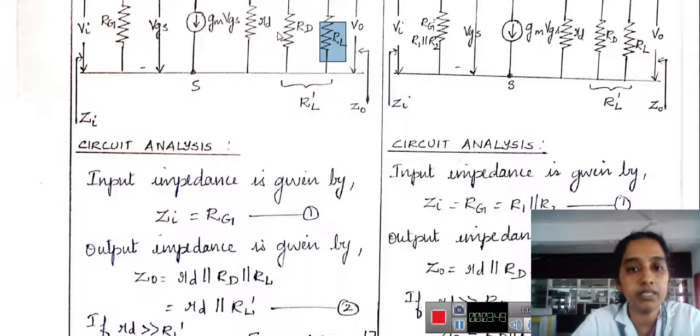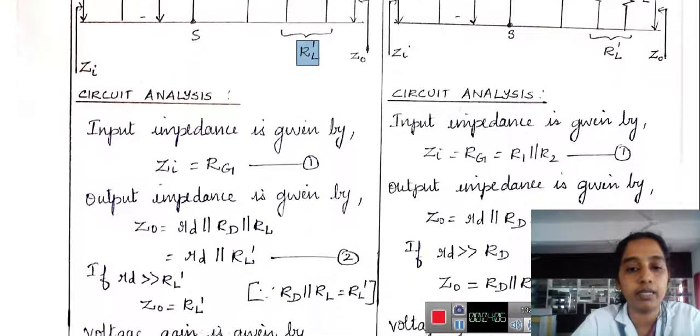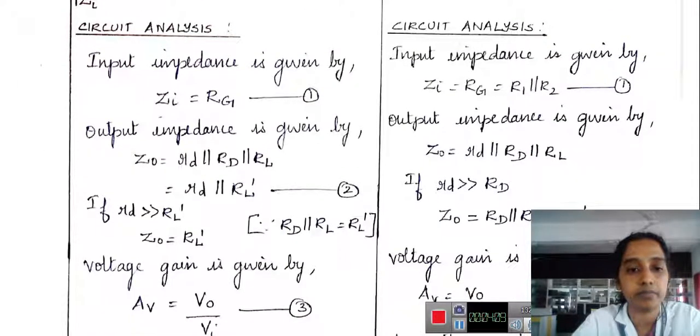All the resistances are connected in parallel. So small rd in parallel with capital RD in parallel with load resistance. Let me consider drain resistance and load resistance as RL dash. So I can replace RD parallel to RL as RL dash.